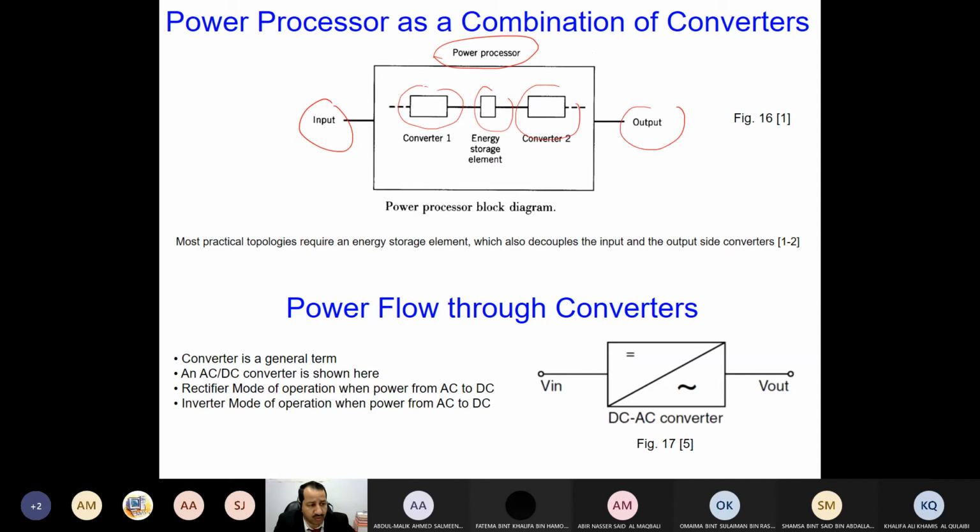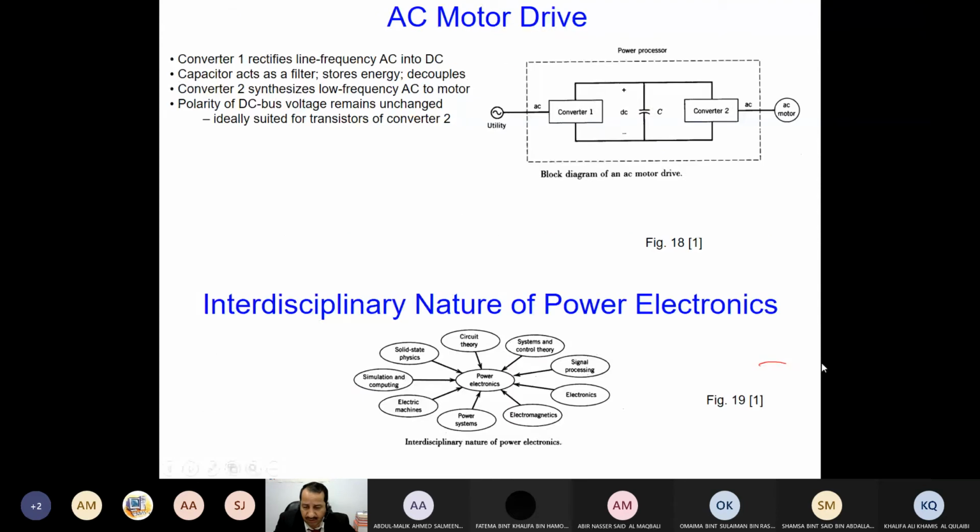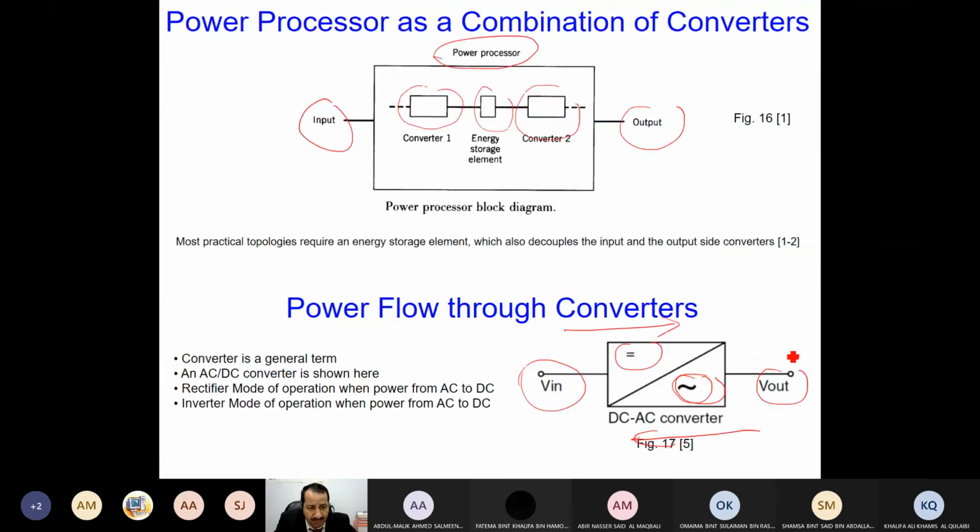Also, one issue worth mentioning here is that some converters work in 2 directions. If this is the input, which is DC, converted to AC to give the output, we call this circuit an inverter. Power is coming from this direction. If power comes from the other direction, the input is AC here and the output is DC.